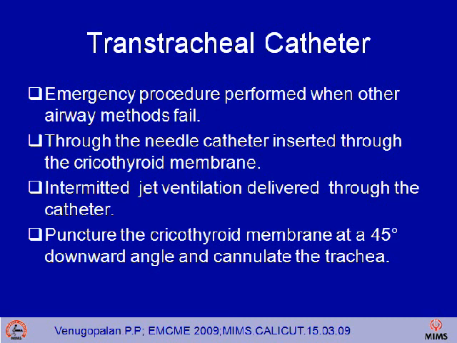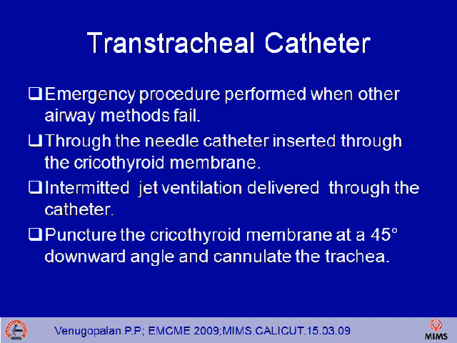Transtracheal catheter insertion is an emergency procedure performed when other airway methods fail. A needle catheter is inserted through the cricothyroid membrane, then intermittent jet ventilation is delivered through the catheter.